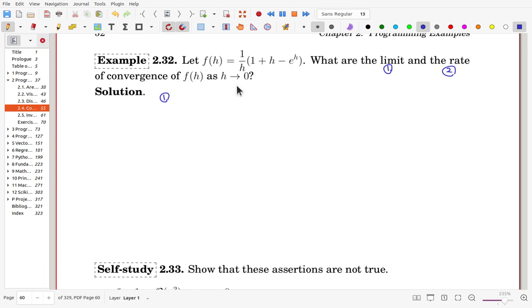the limit as h approaches 0, we can find it. So it's the limit here, h approaches 0, f of h, that is the same limit of (1 plus h minus e to the h) over h, right?